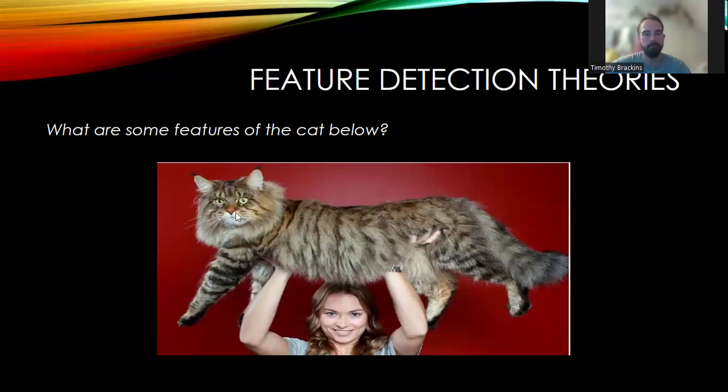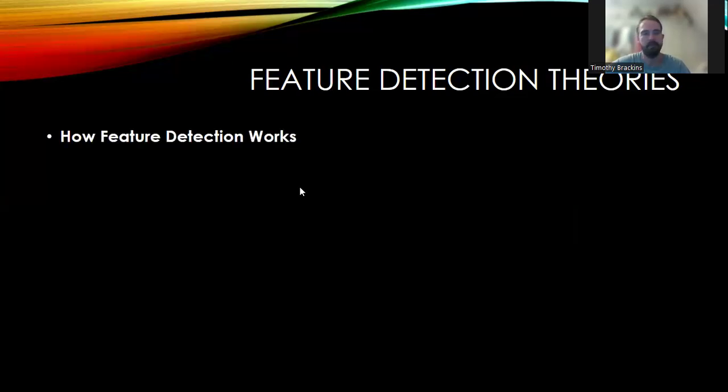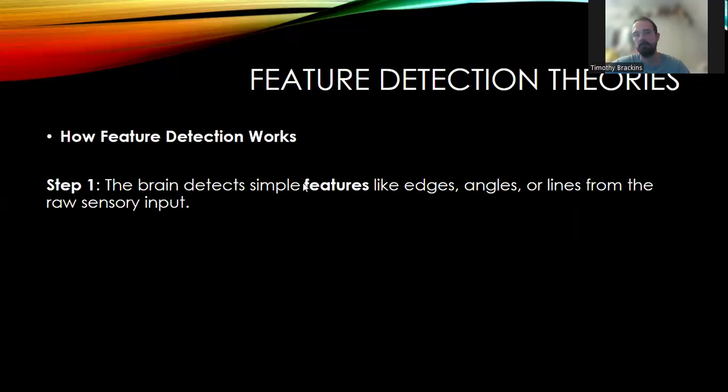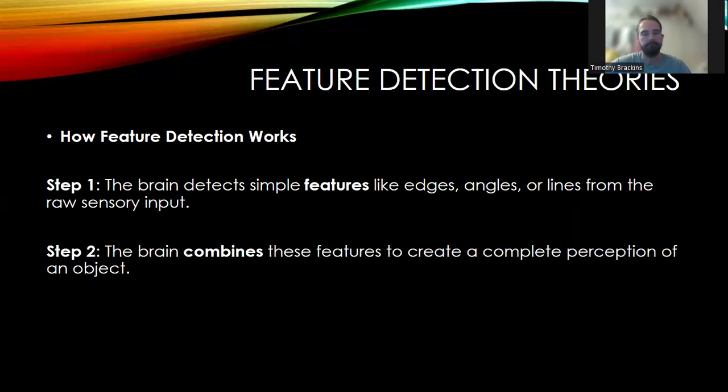But maybe they work. But that's what we're doing, according to feature detection theory: we're looking at all the distinctive features and using those to determine what this is. So what are the steps in how this is actually occurring? Step one is the brain detects simple features, edges, angles, and lines from the sensory input.